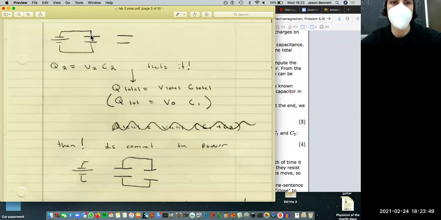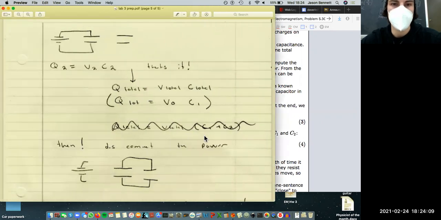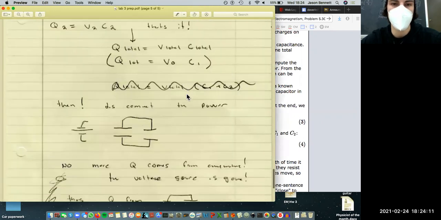So all the charge that resides on this capacitor, that's all you get. I think it would be better if they just said Q total, V total, and C total, but for some reason they say V0 and C1. I don't know why, but that's what it is. You can just think of them as totals.